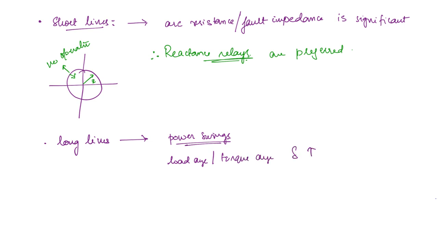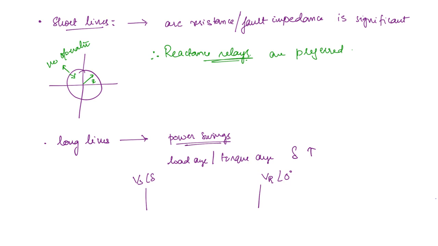Delta will increase. Now when delta increases, what is going to happen? Delta is nothing but the phase difference between the voltage on the sending end side, let us say this is Vs, and this is Vr. If this is taken as 0 degrees, this is delta. So if this angle increases, the difference between Vs and Vr will increase.